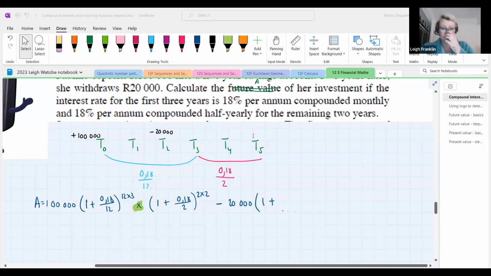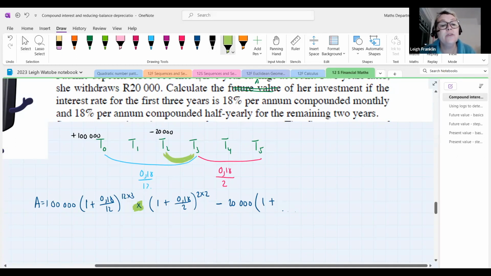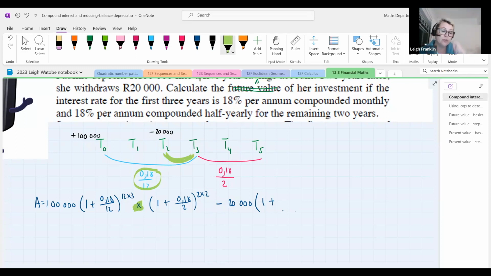Okay, again, we have a change in interest rate. So for 1 year, so from here to here, the interest rate is still the old rate, but then it changes. So again, when the interest rate changes, we are going to multiply. So the first thing that we're going to do here, let's write in dark blue, is 0.18 over 12.